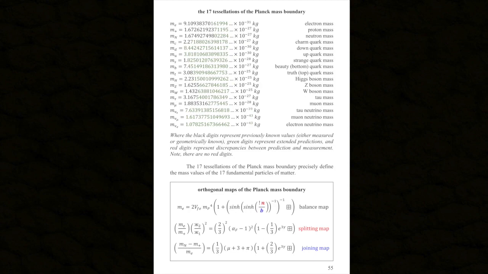That one geometric arrangement, we've defined all of its possible tessellations, all the parts that are maintained in this balance. And all those parts, they've selected the values of mass that define the 17 fundamental particles of matter in physical reality. What a beautiful, beautiful, beautiful extension so far.